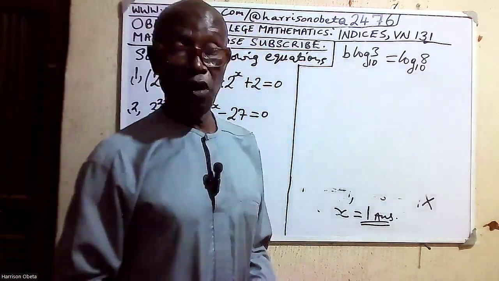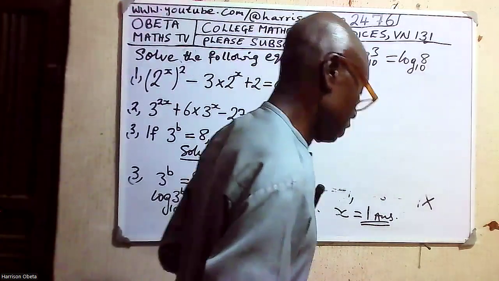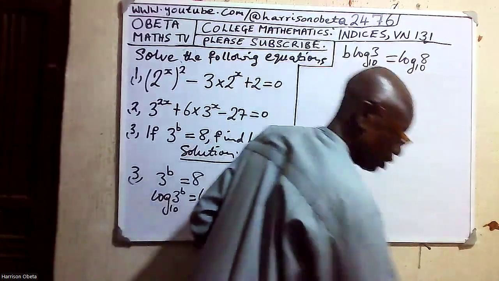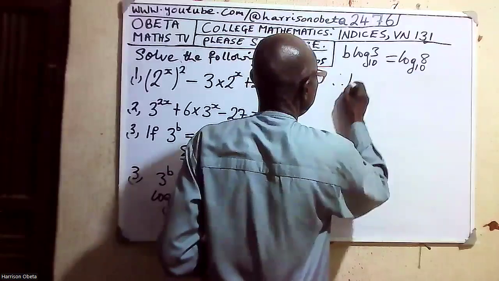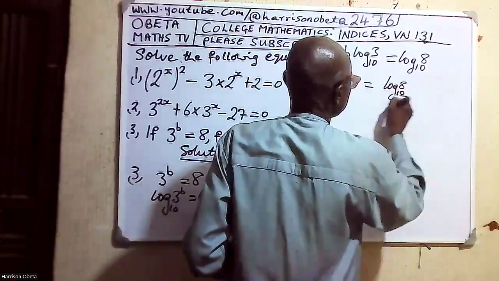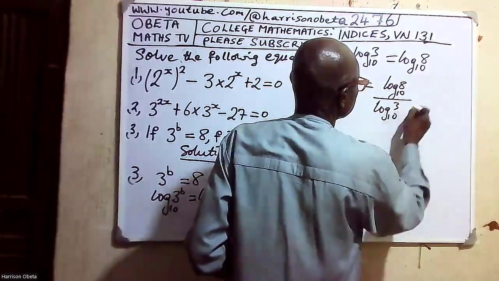But remember that we're looking for the value of b. So in that case, we now have b is now equal to log 8 to base 10 all over log 3 to base 10.